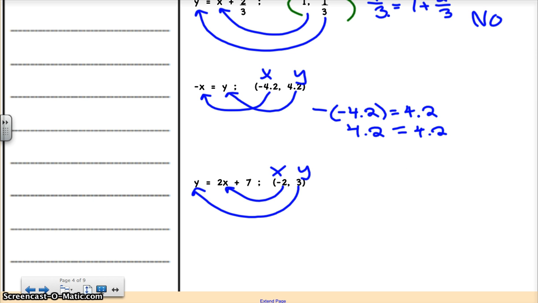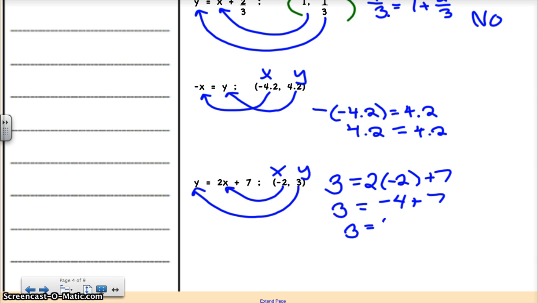I forgot to put my y first. y is 3. Does 3 equal 2 times -2 plus 7? Yes. Does 3 equal -4 plus 7? Yes, 3 equals 3. We're done. Yay. And that is it for today.